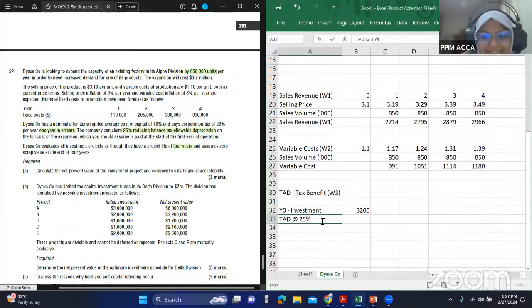So, what is tax allowable depreciation? If you have an asset, according to accounting principles, you don't charge the entire price of the asset. We don't put it in the income statement as an expense. What do we do? We put it as an asset in the balance sheet, and every year we release a small portion of that asset expense in the form of depreciation.